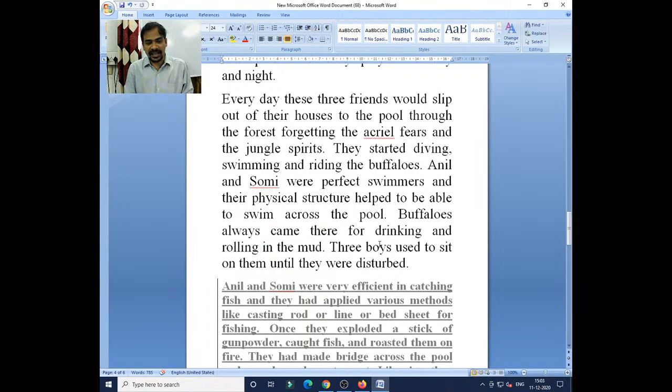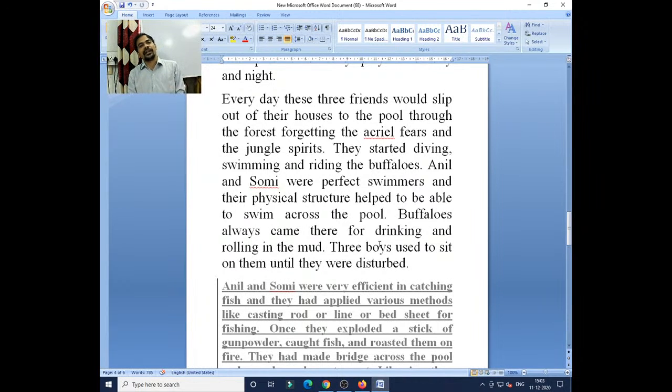They started diving there, swimming, riding buffaloes. Anil and Somi were perfect swimmers. Their physical structure helped them swim across the pool. Buffaloes always came there for drinking and rolling in the mud.